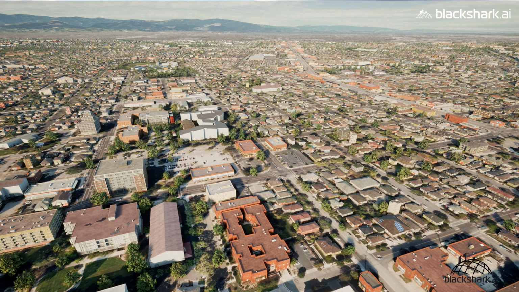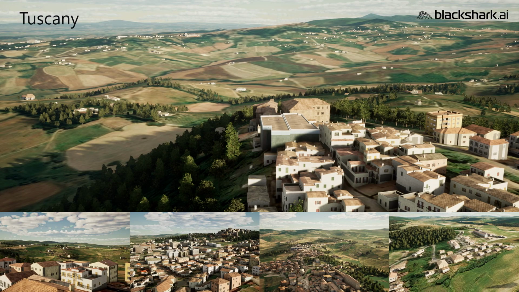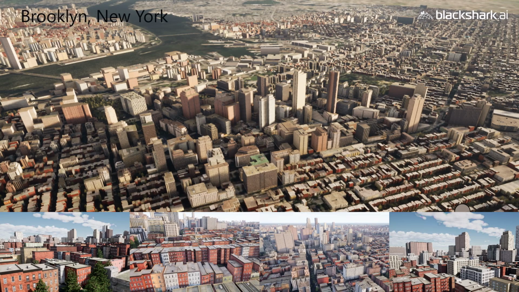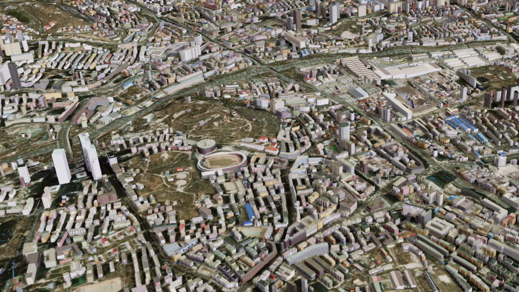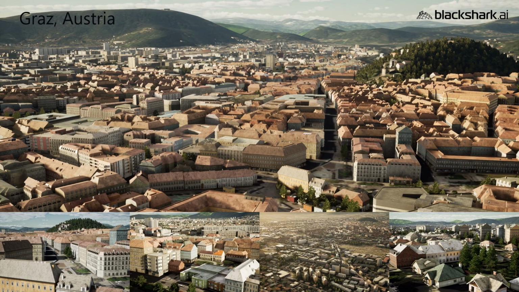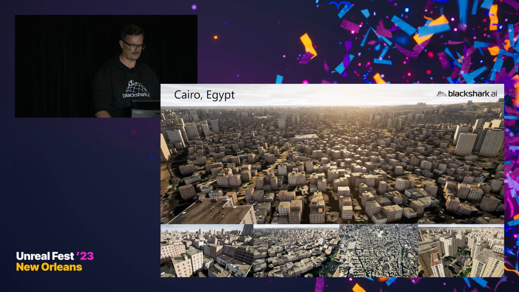And just some impressions of how this looks in different areas of the globe. Of course, it's not geo-specific, so one specific building in real life might look different, but for some use cases, this is sufficient. And for some regions, like in China, there is no other way to get such realistic 3D data and 3D twins of the area. And we basically can provide and cover the entire globe at this level of fidelity.